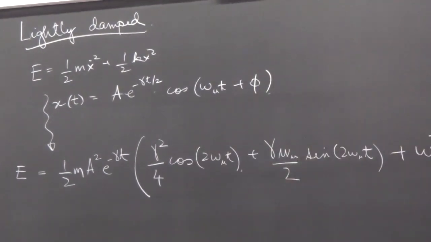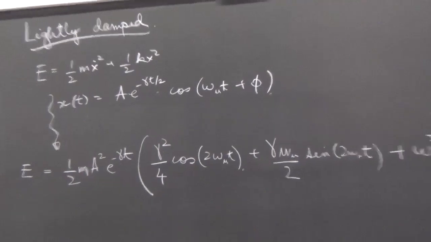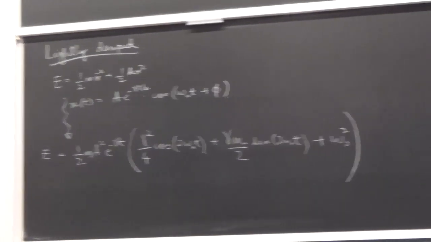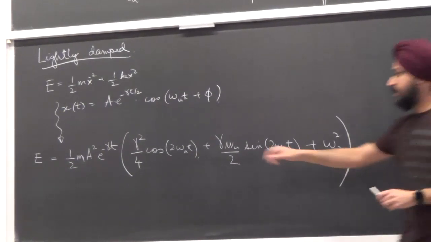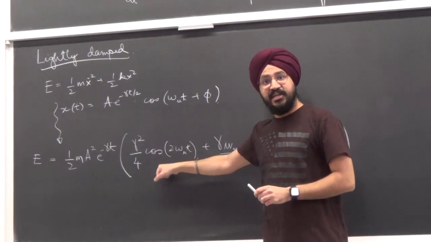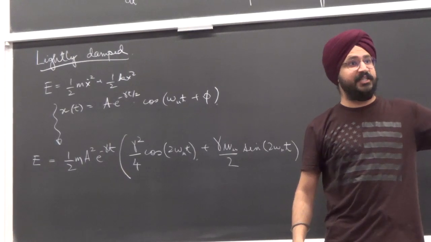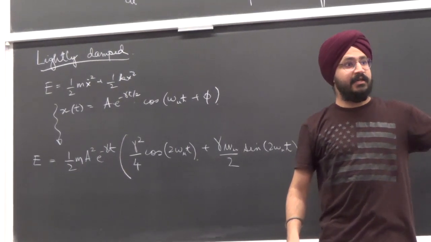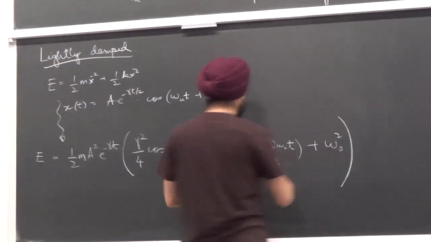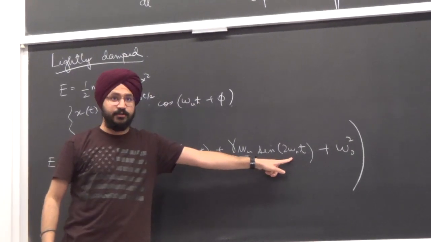It looks horrible, but the takeaway is that the oscillation of the energy is not happening at the same frequency as the motion itself. The energy is oscillating at twice the frequency, 2 omega u.